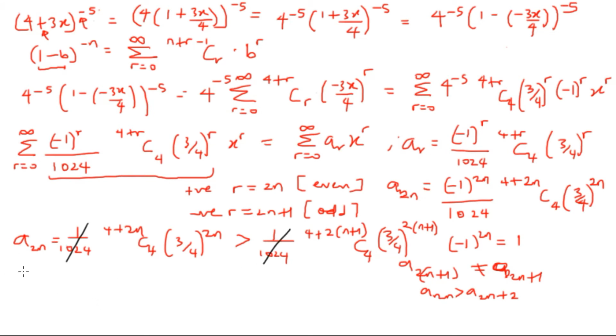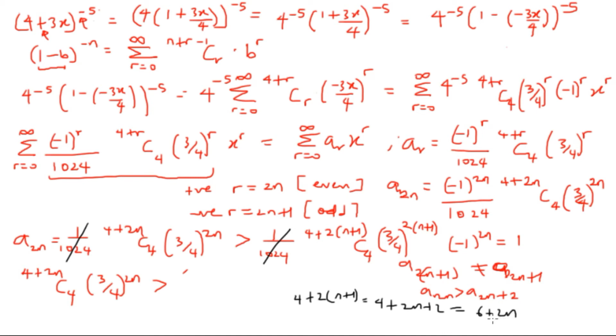So I will have my simpler version, (4 plus 2n) combination 4 times (3 over 4) raised to power 2n, greater than (4 plus 2(n plus 1)), which is the same thing as 4 plus 2n plus 2, which of course is 6 plus 2n, isn't it?